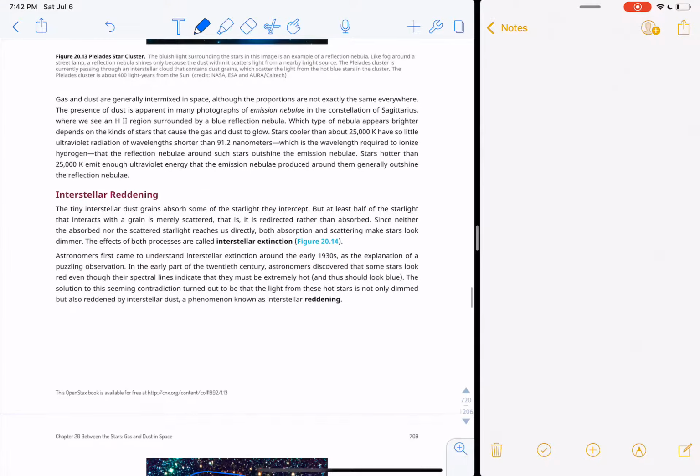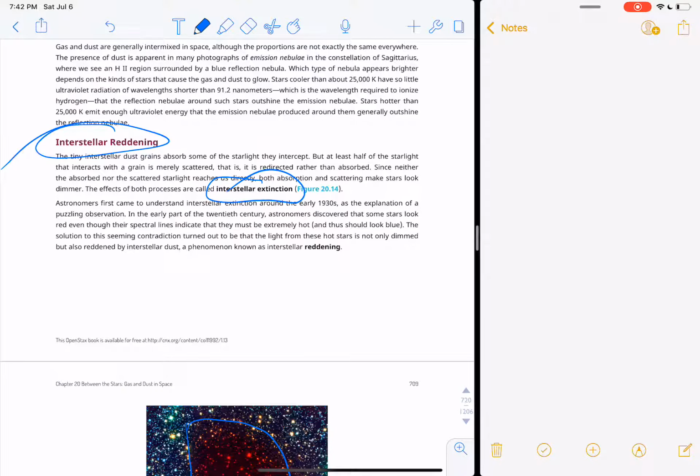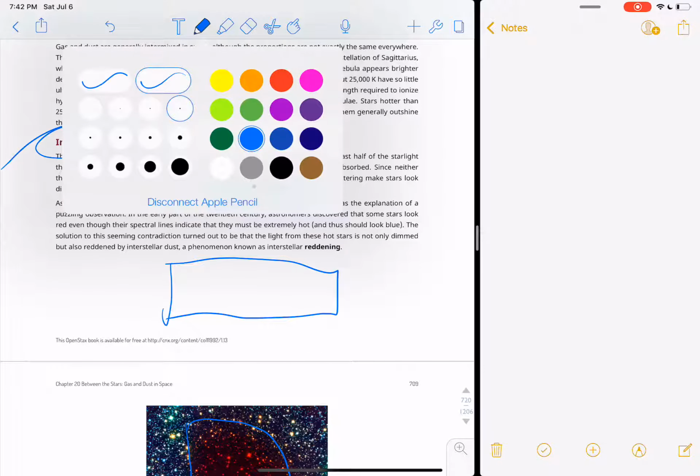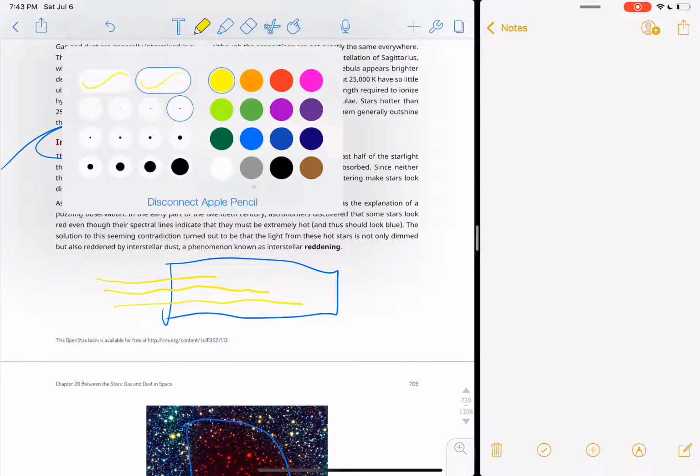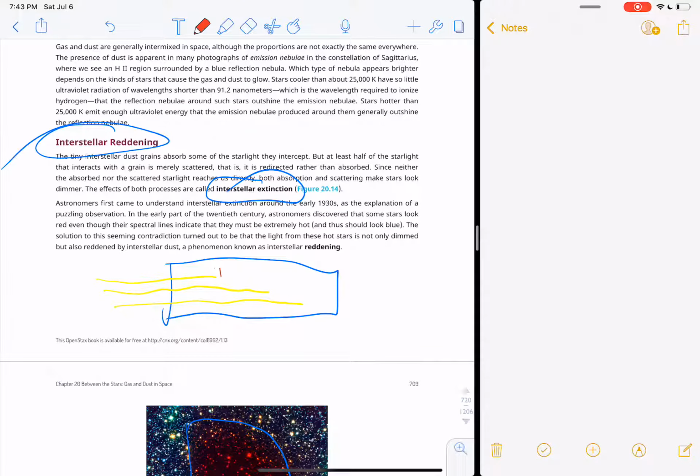Okay, interstellar reddening is another thing you've got to understand, and/or interstellar extinction. So basically, if you've got a cloud of gas and dust, you might have your rainbow of light coming in, and as it goes deeper and deeper, it just fizzles out. If you are here, you might be able to see the light.